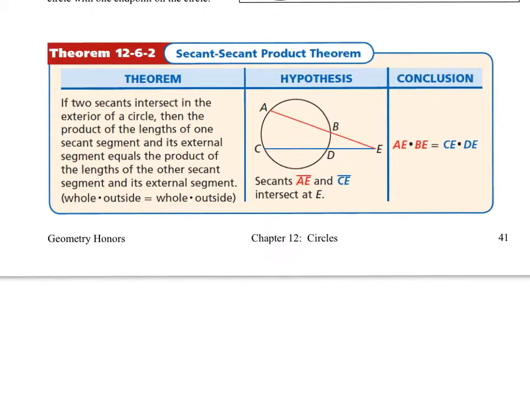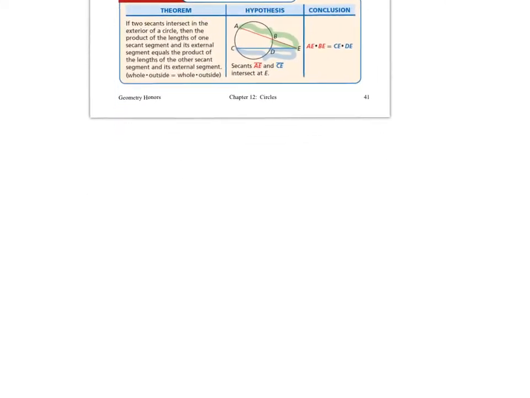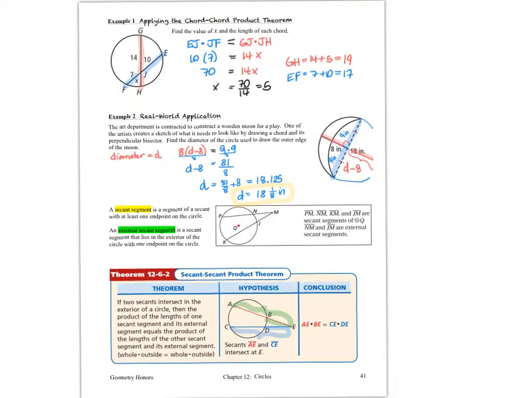So that sounds a little bit complicated, but basically all that's happening is we have the whole times the outside is equal to the whole times the outside. Okay, so we're going to use that for some problem solving, and we'll take a look at the next page.